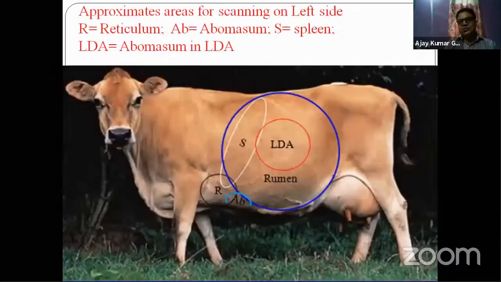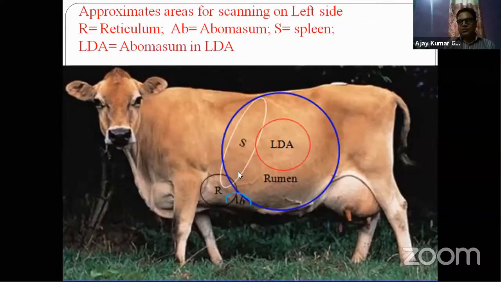Now this is just a rough diagram showing you the areas where different organs can be scanned. This is the area for scanning the reticulum from the left side. Behind or caudal to the reticulum is the area for the abomasum.